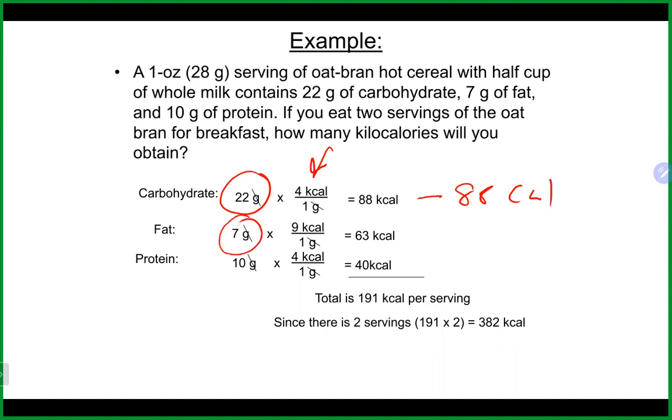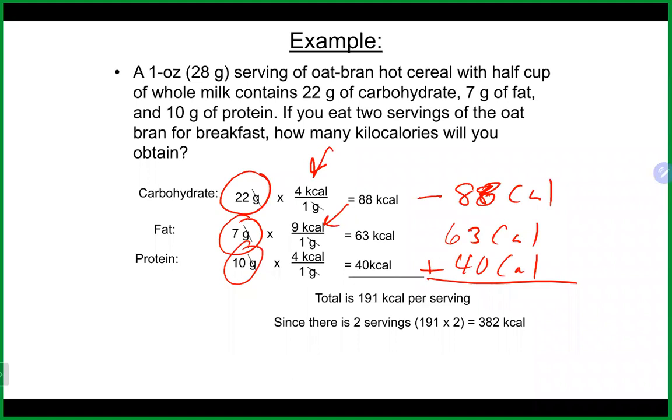We'd do the same thing here for the fat by the caloric value, gives us basically 63 nutritional calories. And the same thing here for our proteins by the caloric value gives us 40 nutritional calories. Basically, to figure it all out, we add it together, and that gives us basically 191 calories per serving.